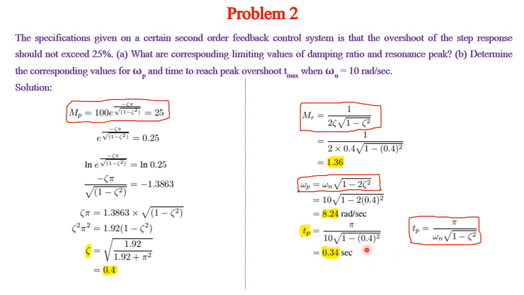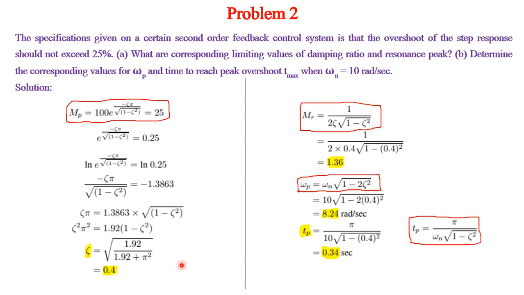So in this presentation, that is lecture 12, we have correlated time domain specifications with the frequency domain specifications. So what we have understood is we have actually seen a second order system. That second order system, whatever time domain specifications we have discussed, the same thing we have correlated with the frequency domain specifications.